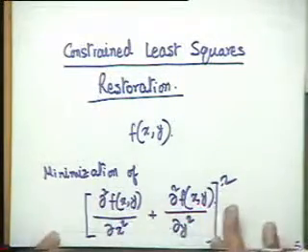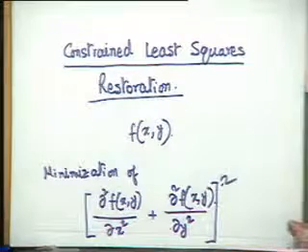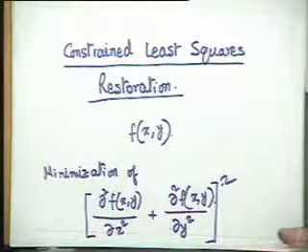So this is the second derivative, and the square of that we are going to minimize. Now, obviously, the second derivative operator picks up all the discontinuities in the image function. And what we are going to minimize is the square of those discontinuities, so that the estimated image is smooth. That is the criterion which we are applying.